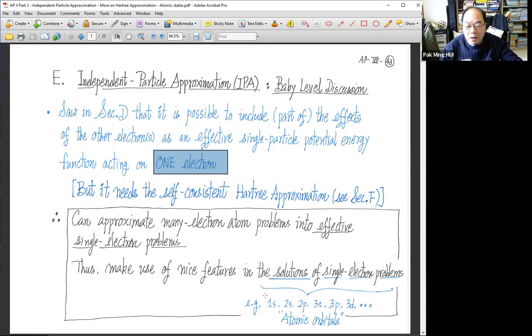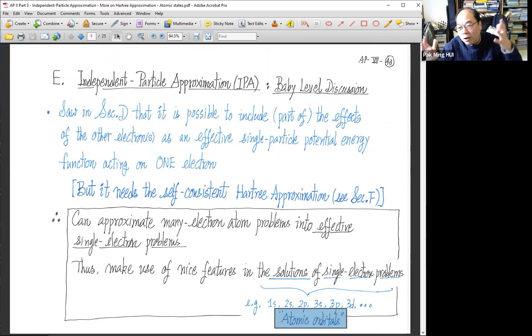For example, in bigger atoms, we may need to solve a couple of sets of many equations to look for 1s, 2s, 2p, 3s, 3p, 3d, etc. These solutions in chemistry language are called atomic orbitals, or just atomic wave functions, if you like.